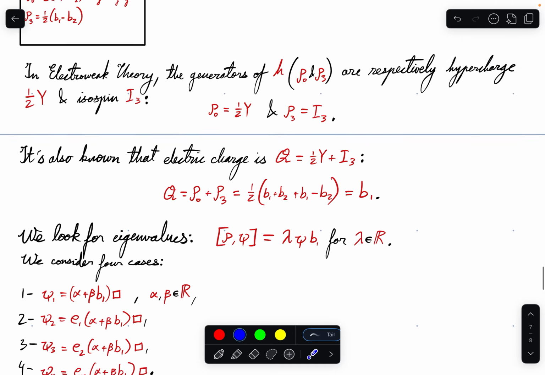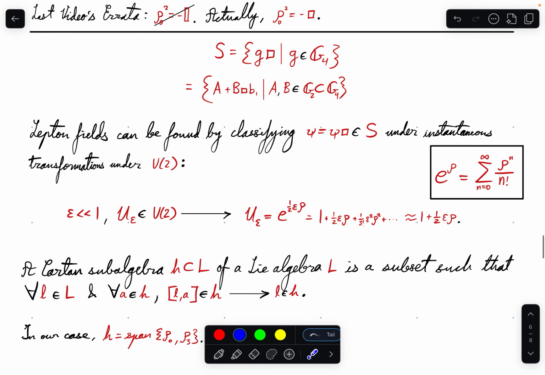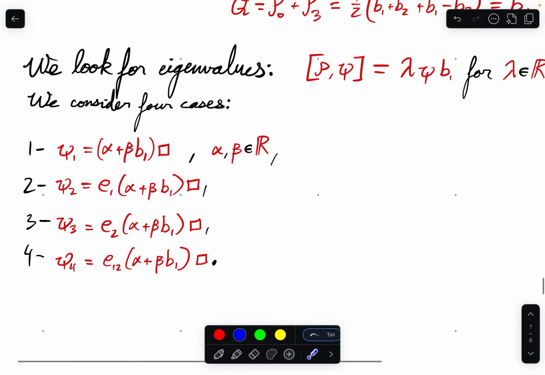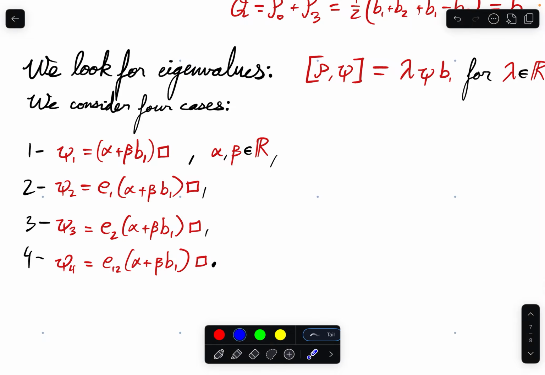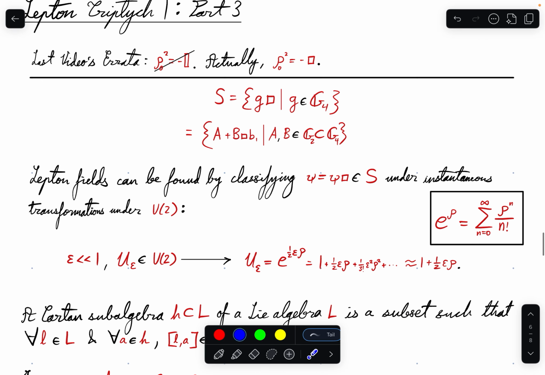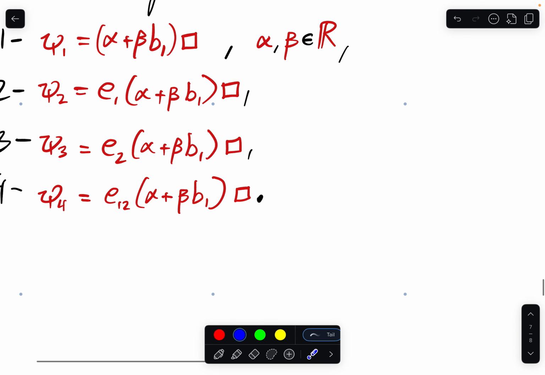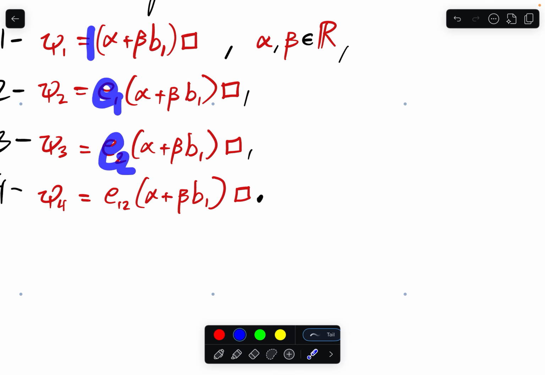You can see the G2 structure here of these elements: 1, then E1, then E2, and E12. These are the bases for G2.